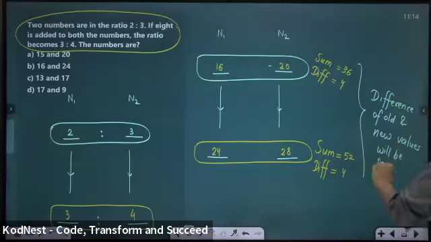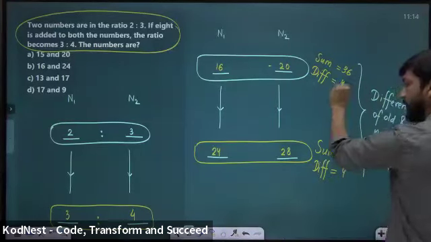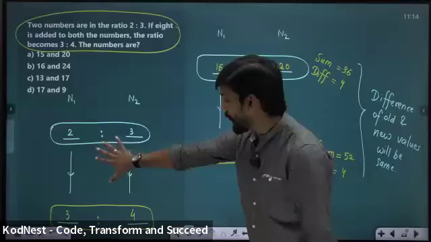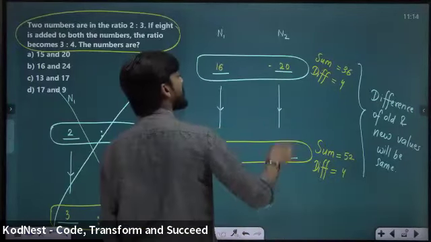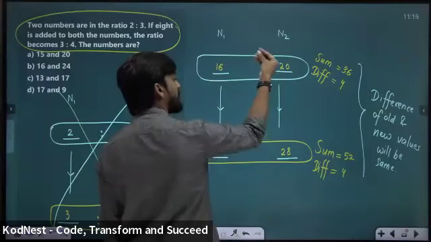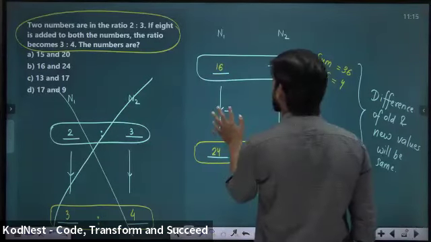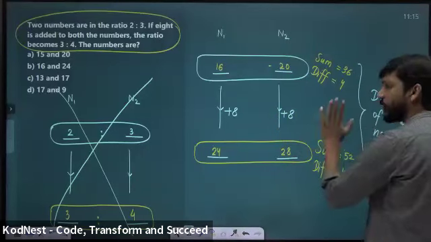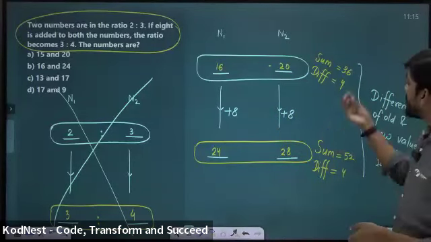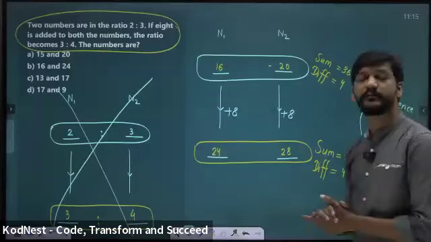Okay, so this is what we have learned. The ratio right now, we are not discussing the ratio. I'm discussing the situation. In the situation, if we add the same number, then this is what we have observed. The difference is 4, difference is 4.